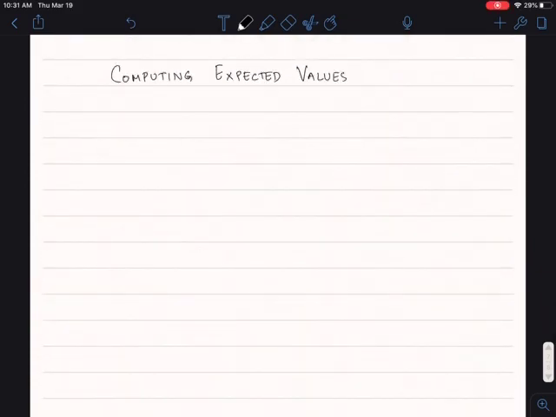So the final part of the recap that I would like to do about jointly distributed random variables is computing expected values.